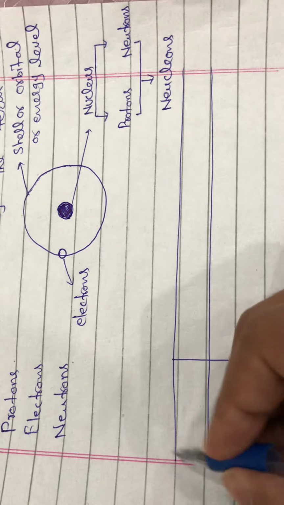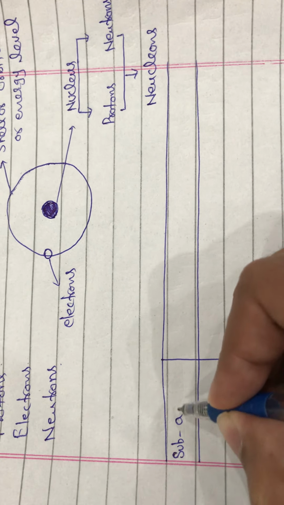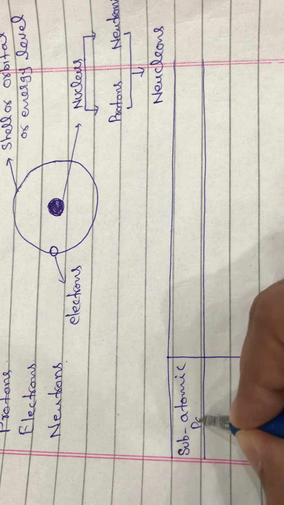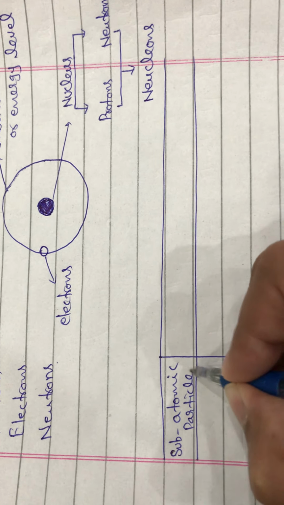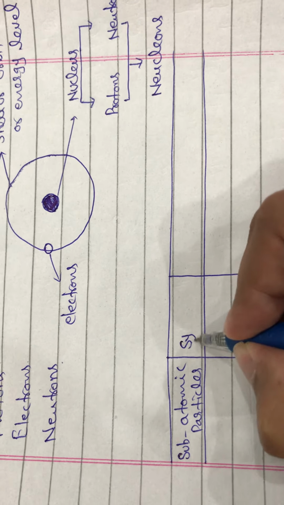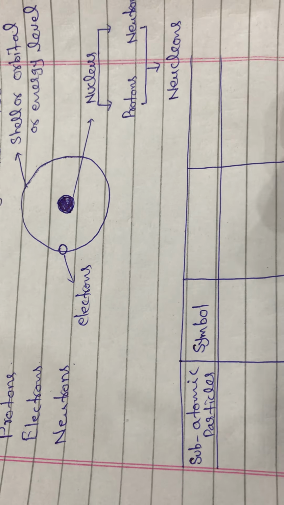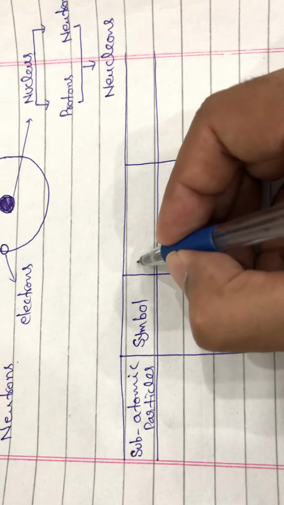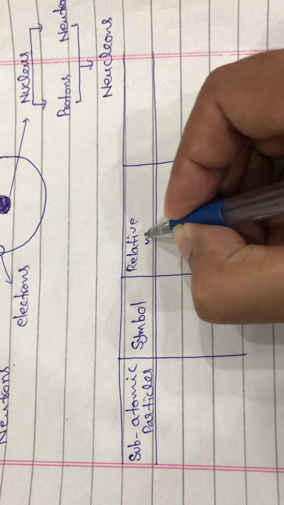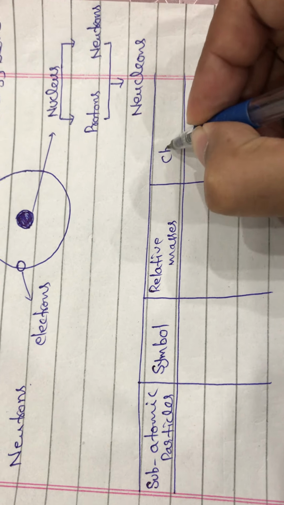These are our subatomic particles, the symbol by which they can be denoted, their relative masses, and finally the charge on them.